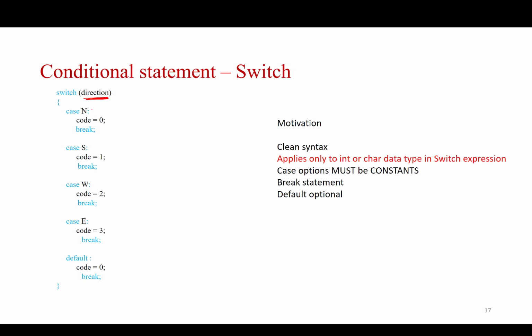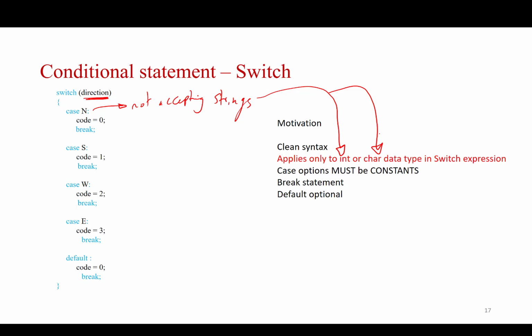Because the switch statement does not accept strings. It only accepts ints and chars. And this is very important, okay? So while you are dealing with the case, make sure that you are considering ints or chars. Other than that, it will not work. If you put a string there, it will never work, okay?